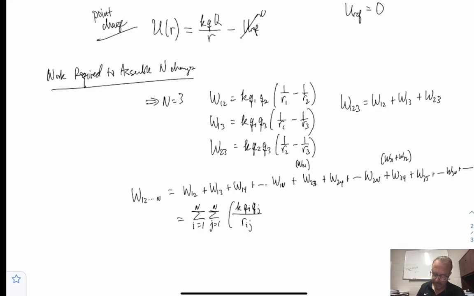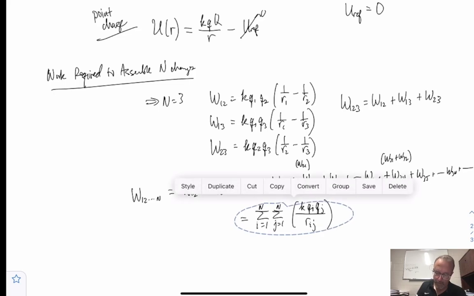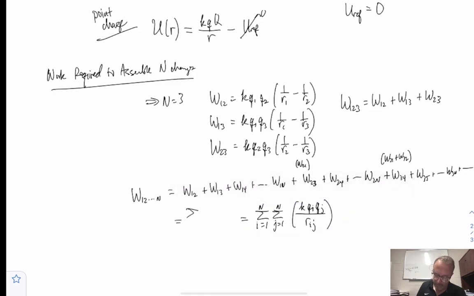And in fact, let me write that in more general terms. Equals the sum from i equals 1 to n, sum from j equals 1 to n, of wij. But that's over counting. And by the way, in both of these cases, it's for i not equal to j.